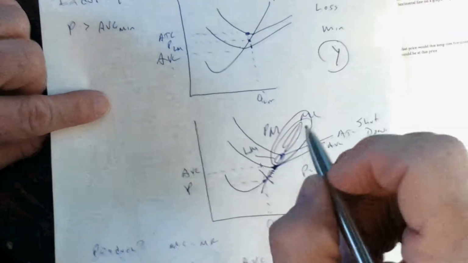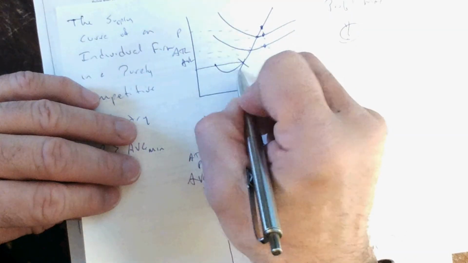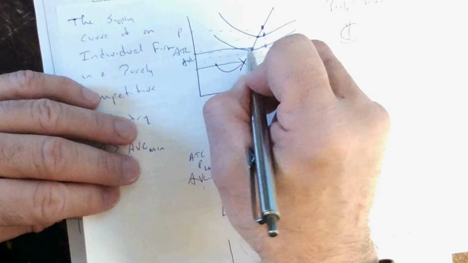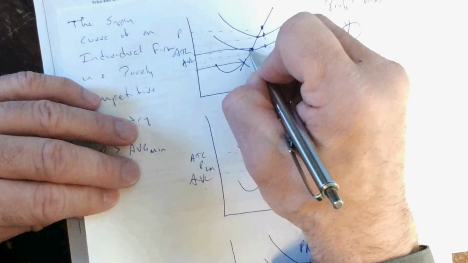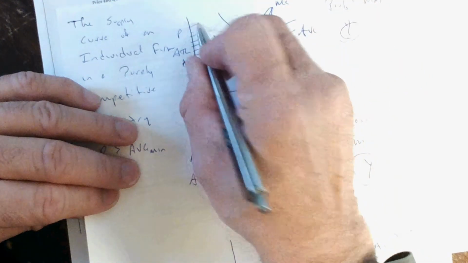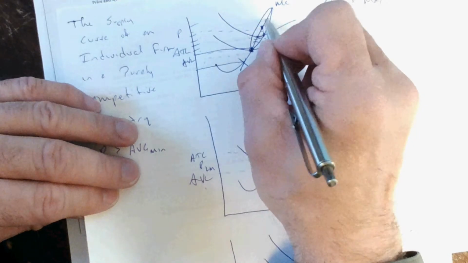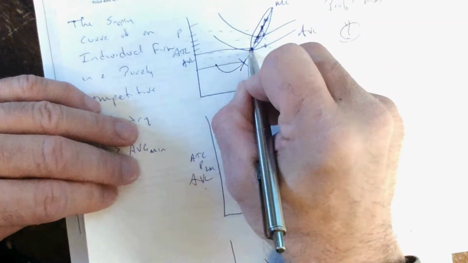So we're going to read the supply curves. We're going to find price equals marginal cost at every point. At this point, the firm is not producing. At this point, where price equals average variable cost min, the firm starts producing. So the firm will produce along its marginal cost curve. As price goes up, more will be produced. Price equals marginal cost, all along this curve above average variable cost min.